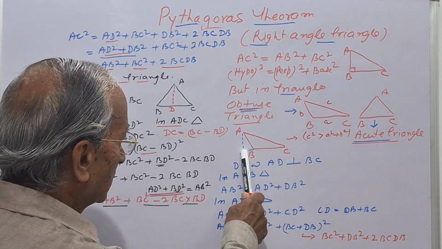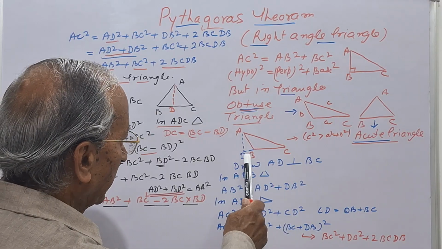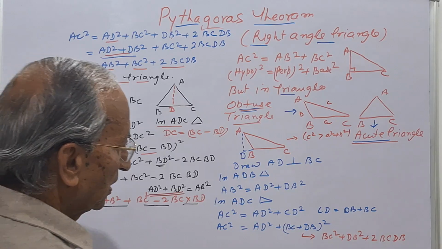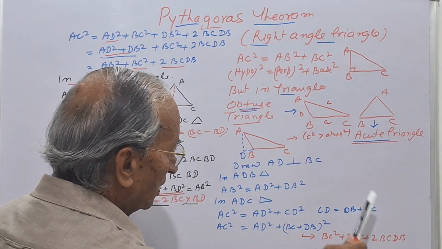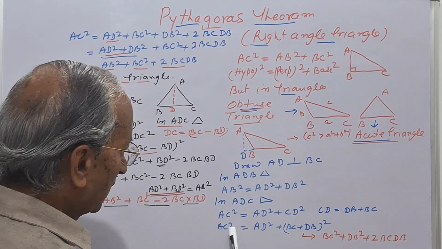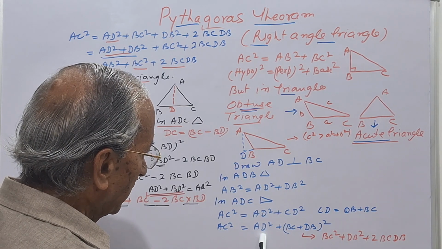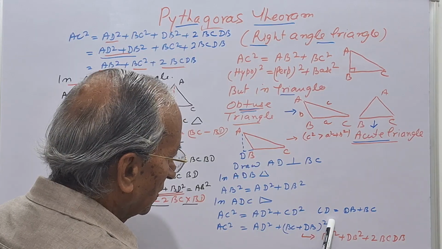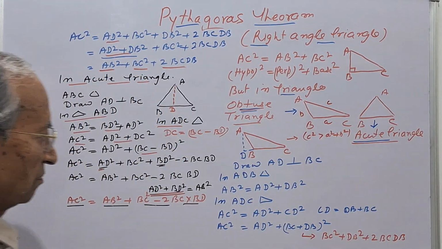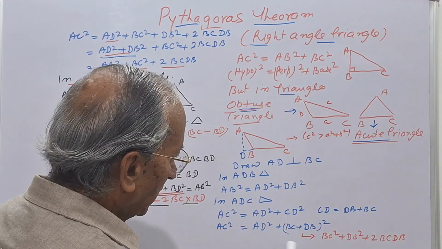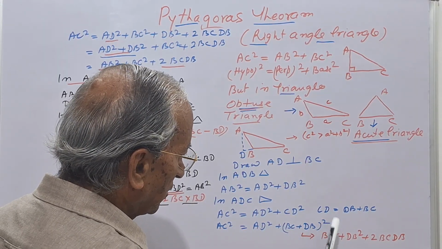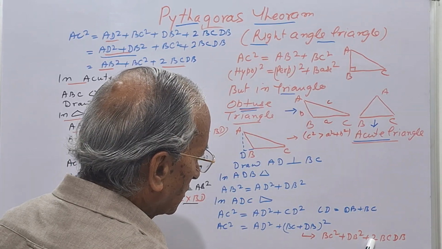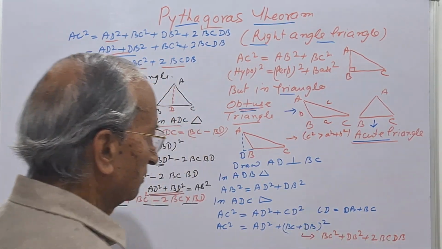Now if you see, DC is equal to DB plus BC. So AC square is equal to AD square plus BC plus DB whole square. And if you open it, BC plus DB whole square is equal to BC square plus DB square plus 2 BC into DB.